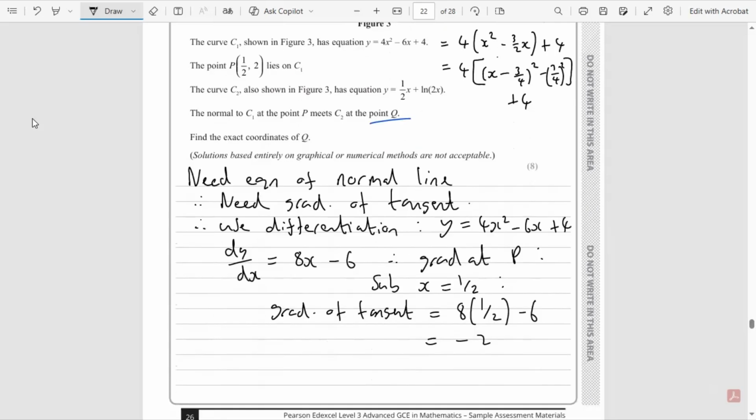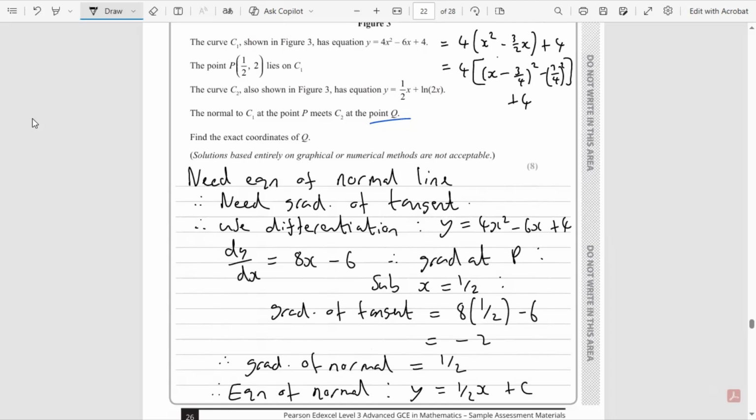So therefore, the gradient of the normal, the negative reciprocal, is going to be positive half. So -1 over -2 is positive 1/2. So the equation of the normal is going to look something like y equals mx plus c, a straight line, y equals 1/2 x plus c.